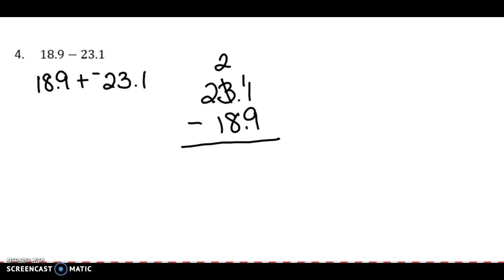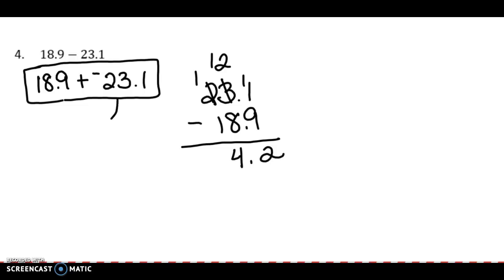All right, so we're going to borrow. So I get 4.2. If I look back at this addition problem, I notice that the sign of the higher number is a negative, so my answer should be negative. That makes sense. If we go back to the original problem, we're taking a bigger number from a smaller number, so we should end up below 0, or negative.